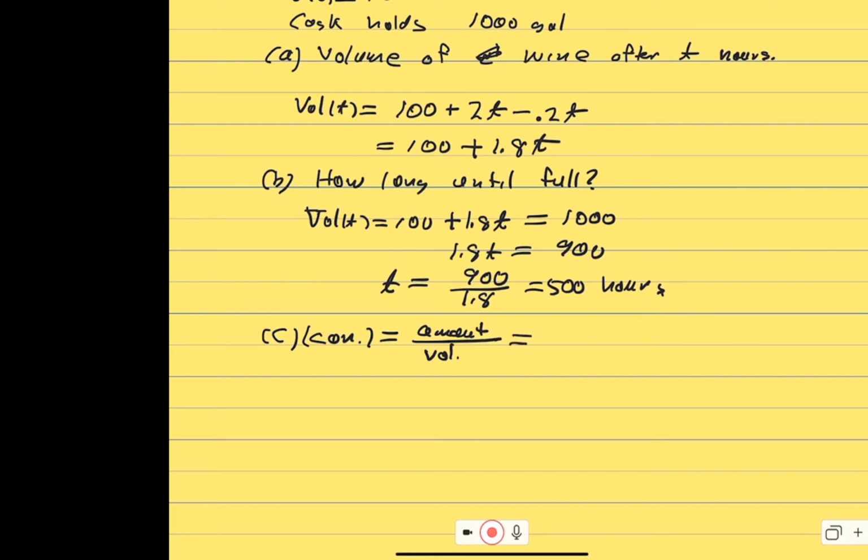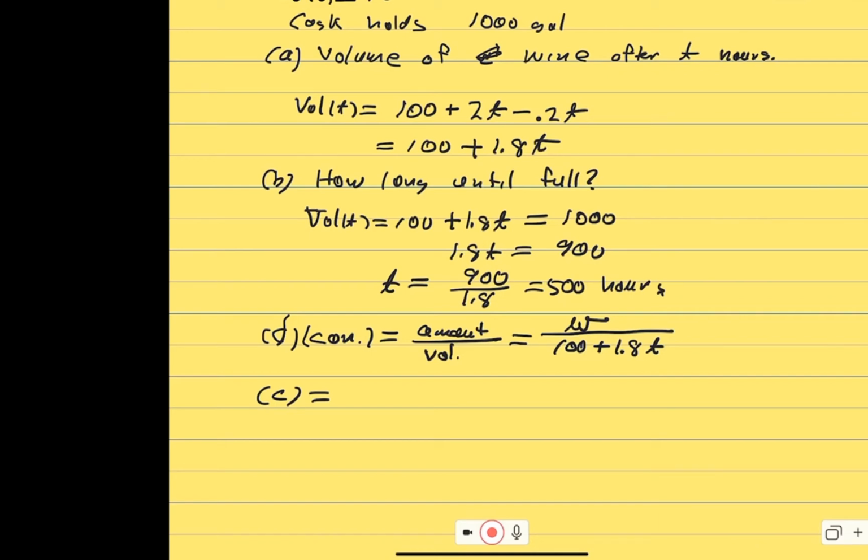In this case, the amount is just what we're calling W, and the volume we've just decided is 100 plus 1.8 T. So there's our concentration. Okay, this is actually a different order than in the problems here. That's the concentration. This is what was D.